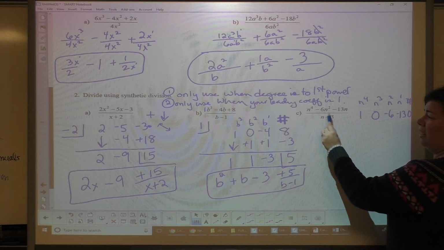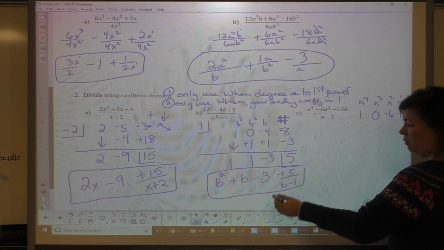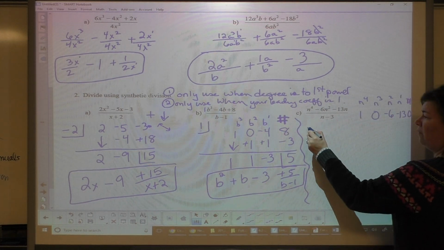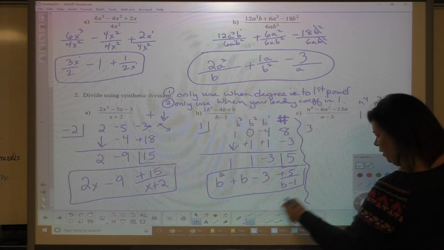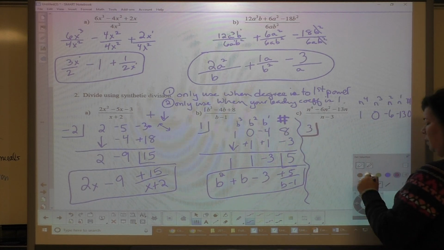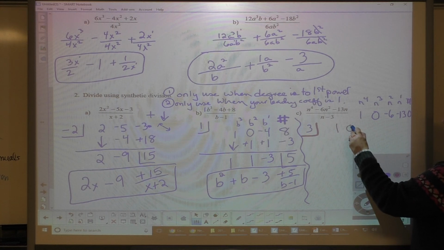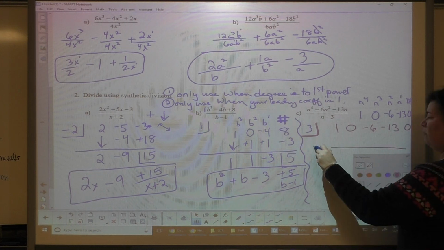And what's going to make our denominator 0 would be a positive 3. So if I put positive 3 in for n here, and then I put these coefficients, 1, 0, negative 6, negative 13, and 0, and make my equal sign.